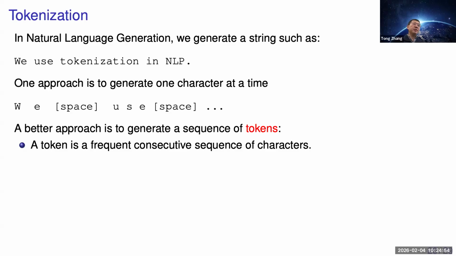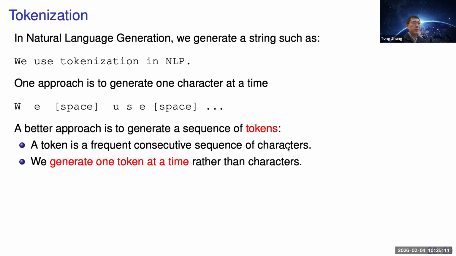They don't say this should be grammatically this way. It's all done automatically by programs that generate these tokens by looking at frequent sequences of characters. So instead of generating one character at a time, we generate one token.